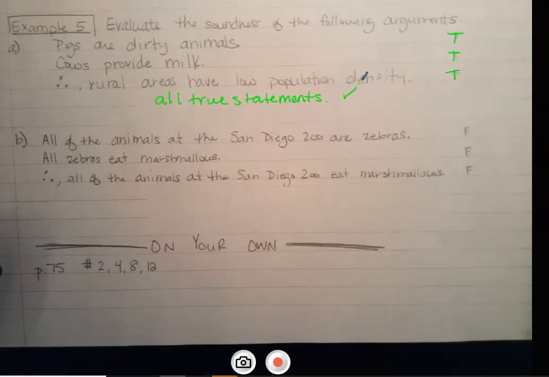The second part to evaluating soundness was that the premises and the conclusion had to be connected correctly. So we're going to put correct connections as our next one. We're talking about pigs are dirty. Then we talk about cows provide milk. And then we say rural areas have low population density.